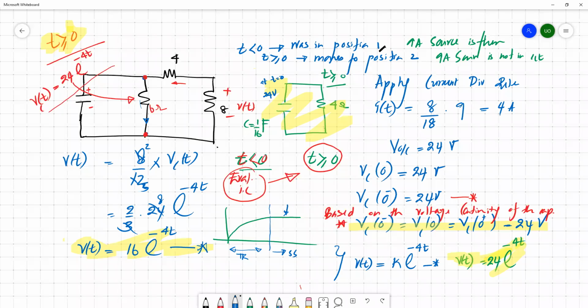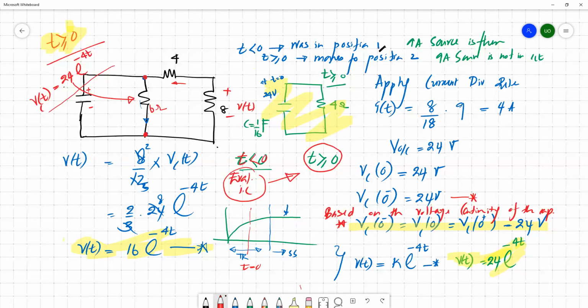But if your switching happens during this transient state, this circuit has not reached steady state. So for example, you switch this circuit at this point. Then you cannot treat the circuit, which is in the transient state, by replacing these capacitors with open circuit elements.